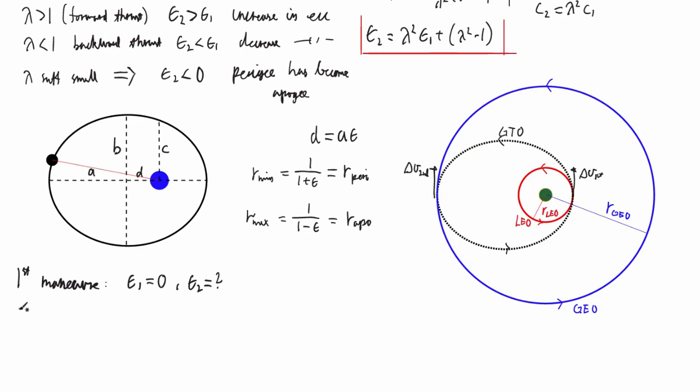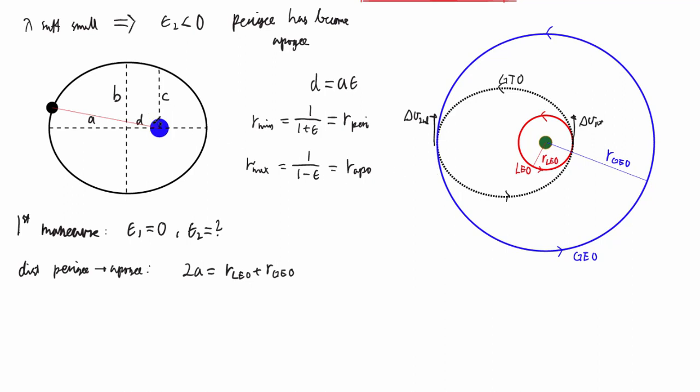So looking at the distance from perigee to apogee, we get that that's 2a, or R LEO plus R GEO. So that's one thing that we know.